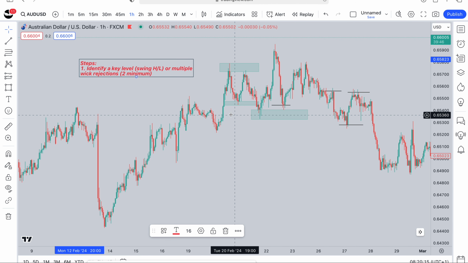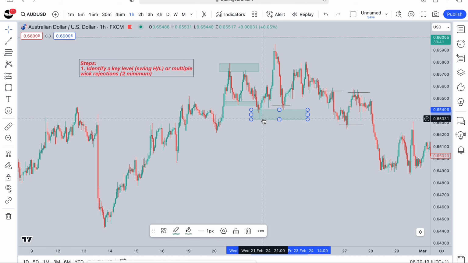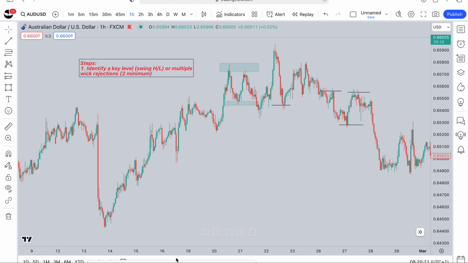Okay, so let's go by here, for example. Let's say that you are trading this in the morning. When you're drawing out your key levels, make sure that if it's a swing high, and this also applies to an area with multiple wick rejections, but if you're going off your swing highs and lows, make sure you're going from the body of the candle to the wick.